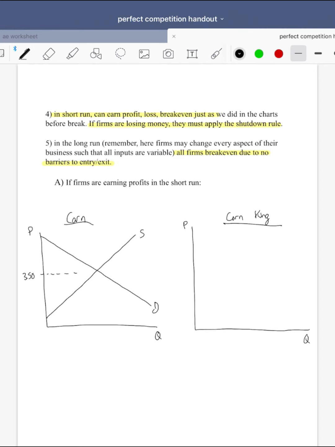So once again, I'll use my example of the corn market. So this is the industry for corn. And then we'll have my individual firm. Once again, my company is called the Corn King.